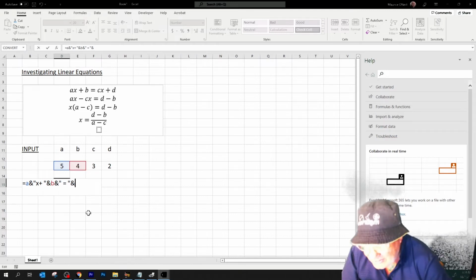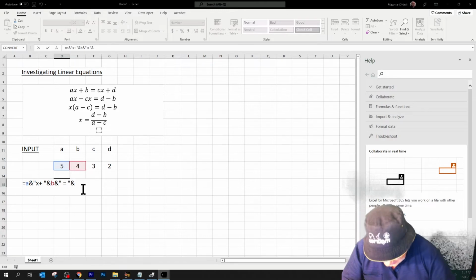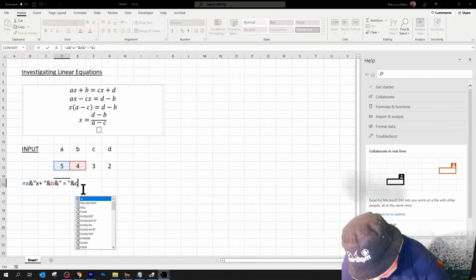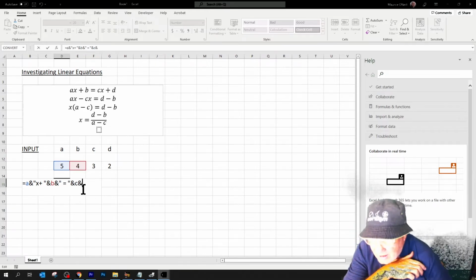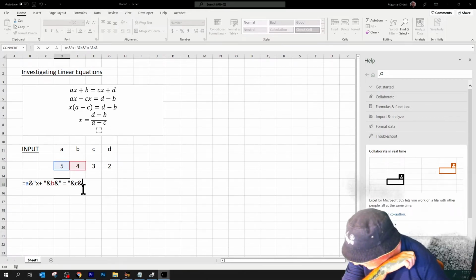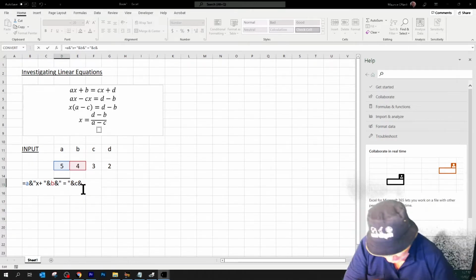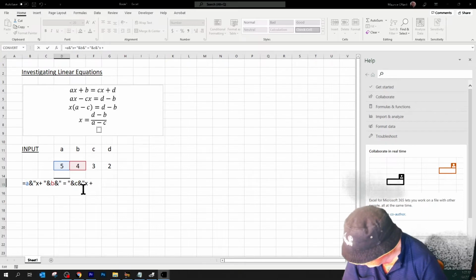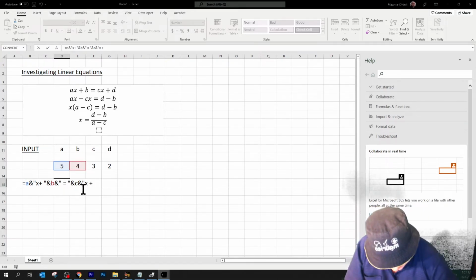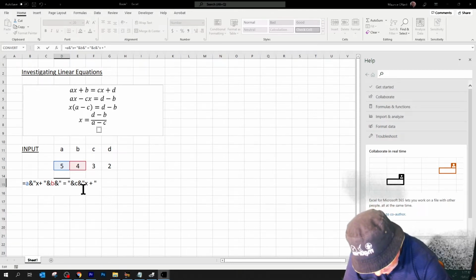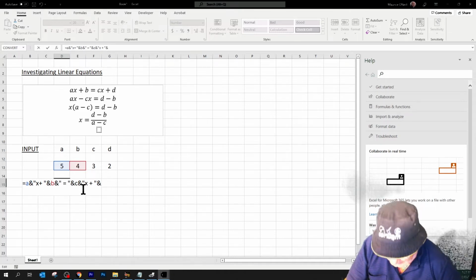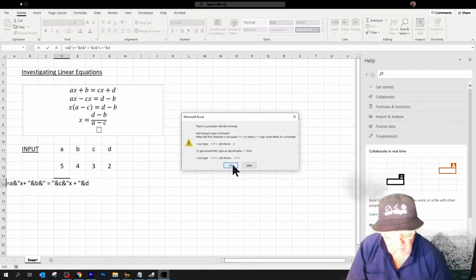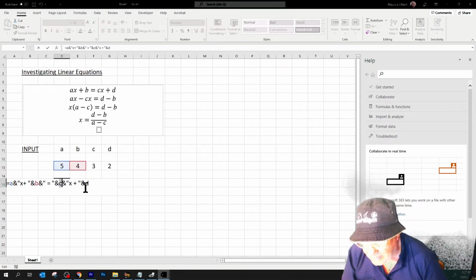Right, and then we've got to put an and in here, equals, and then that'll be C, and ampersand, and after C, X, so X space plus space, close the quotes, and D. Oh, what's happened there?